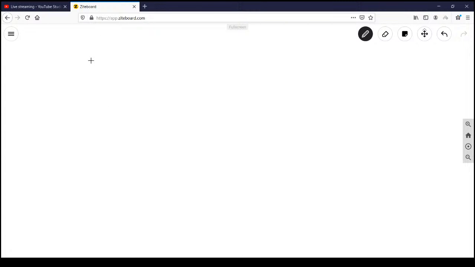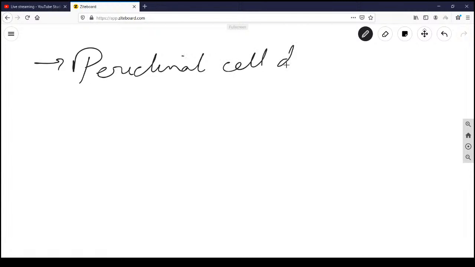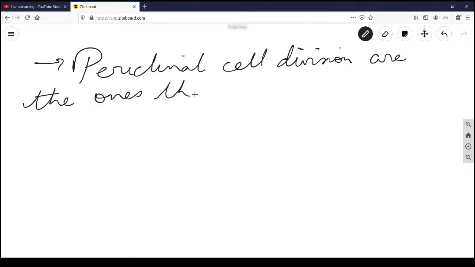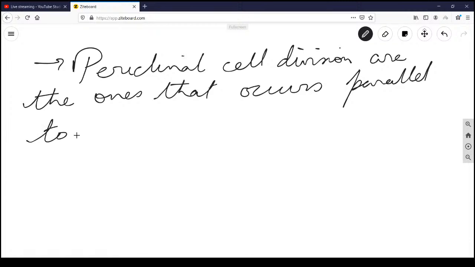So the periclinal cell divisions are the ones that occur parallel to the tissue or organ surface and occur mostly in plants.